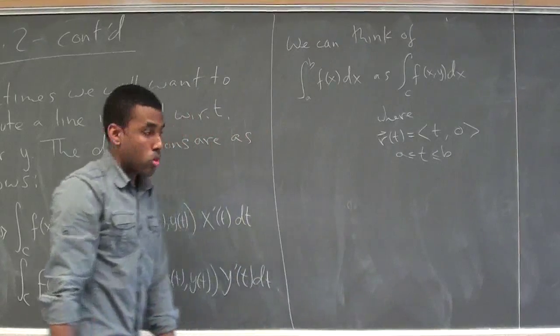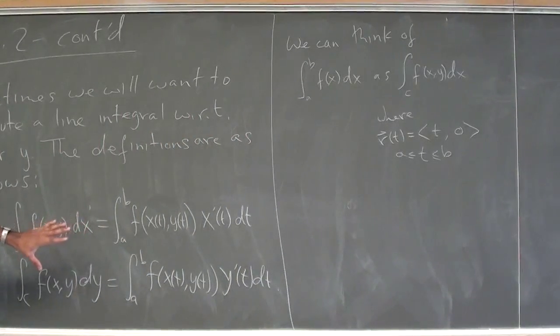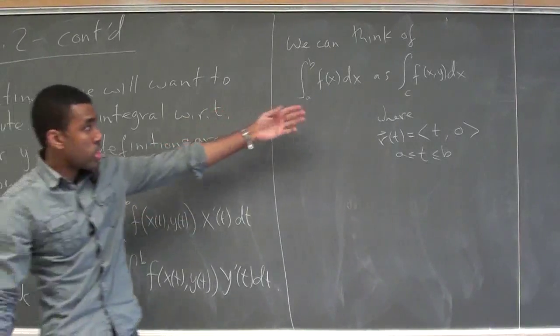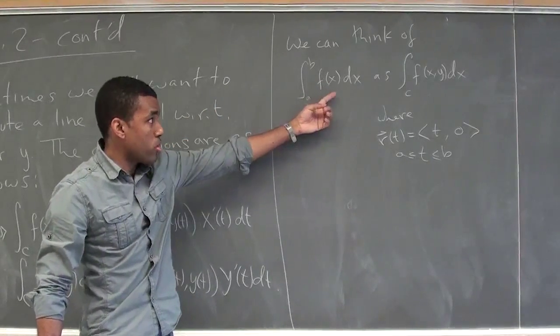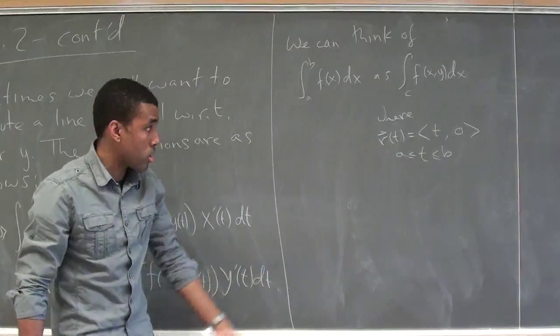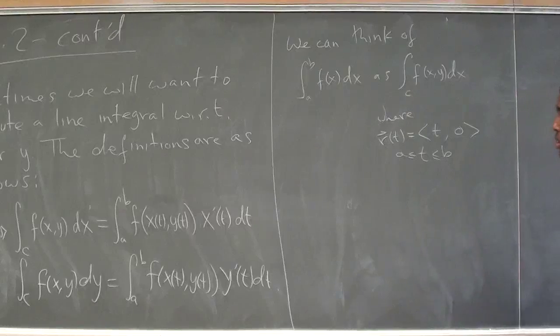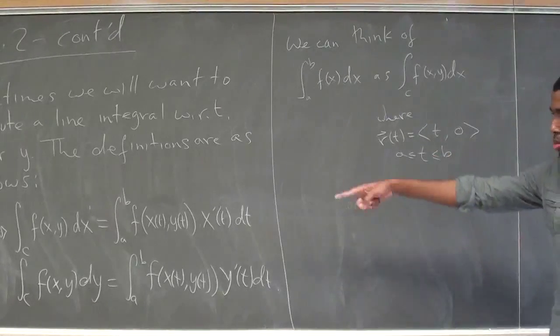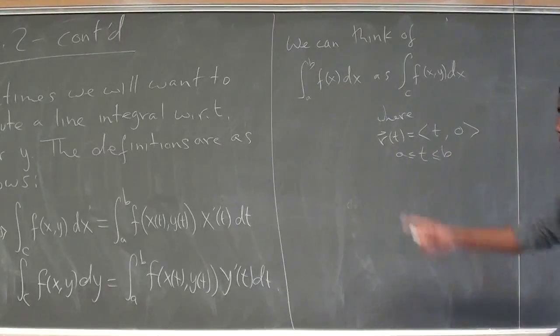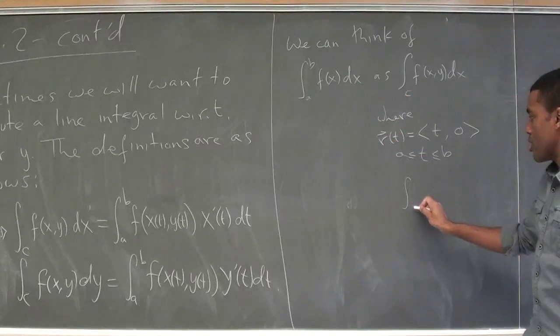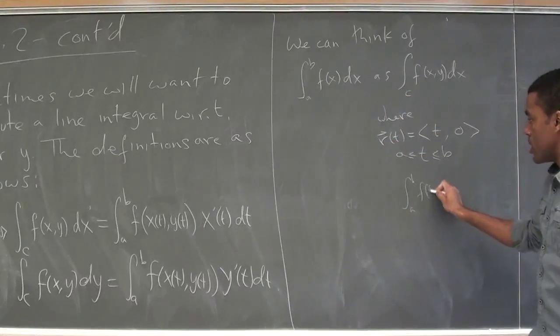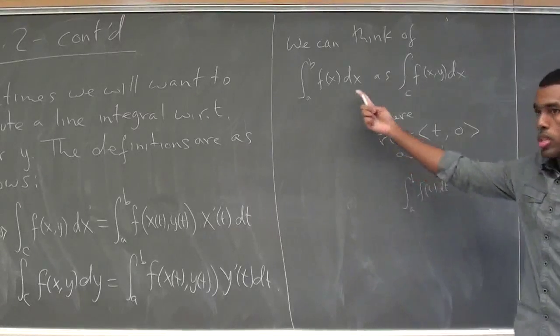So these work for general curves, including the familiar x-axis and y-axis. So you could think of the integrals that you know before as a line integral over this curve with this particular parameterization. Yeah, but what do you do with the x prime of t? That would just be 1. Yes. So basically if you run through that, you get the integral from a to b of f of t dt, which looks pretty much like that.